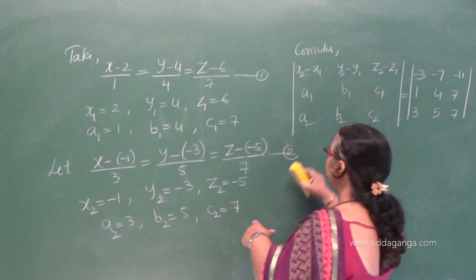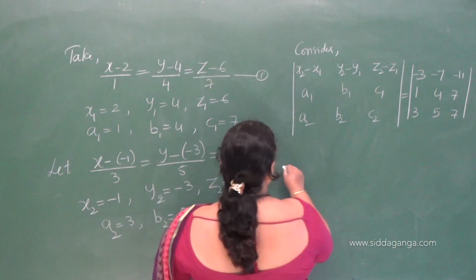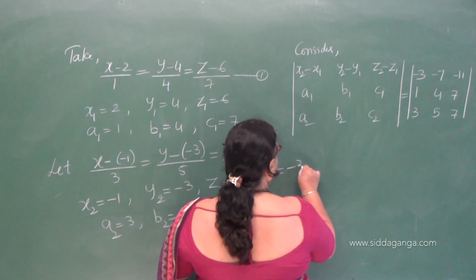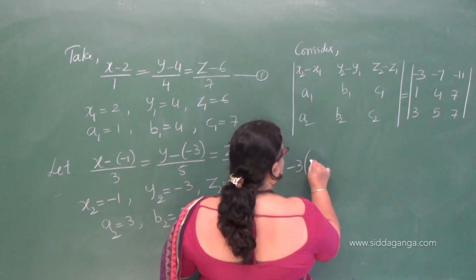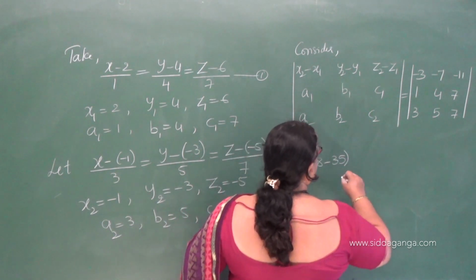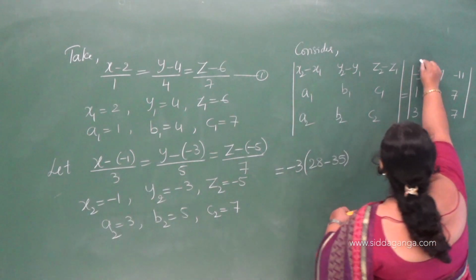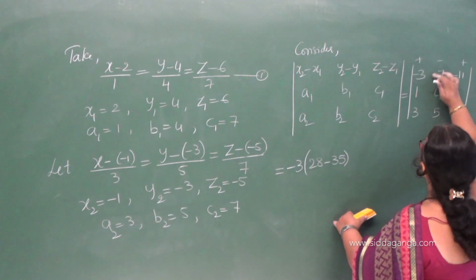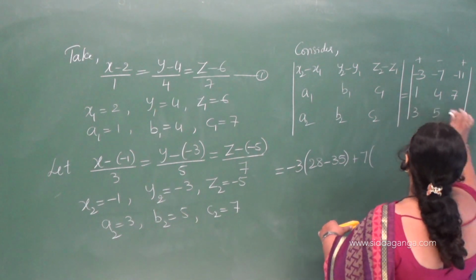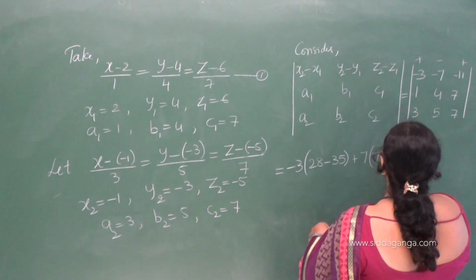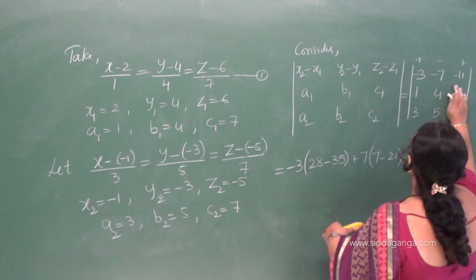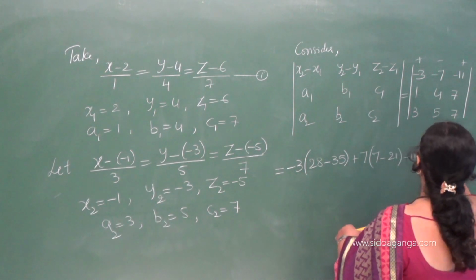Now you expand along R1. That is equal to minus 3 into (7 fours are 28, 7 fives are 35), then with the sign, minus 7 into (7 ones are 7, 7 threes are 21), plus minus 11 into (5 minus 12).